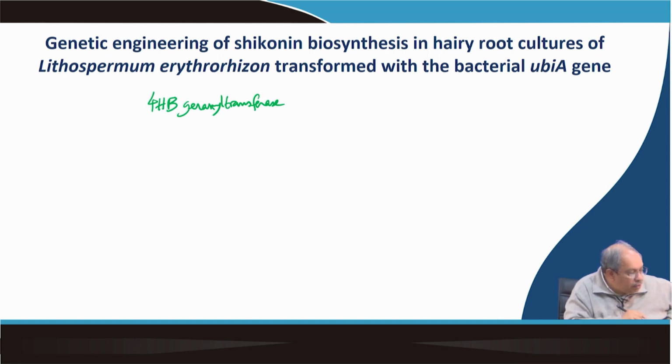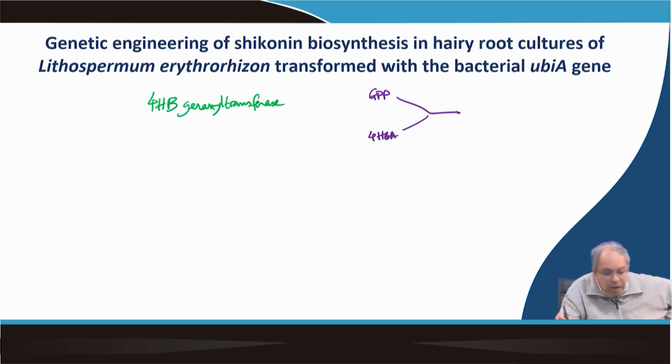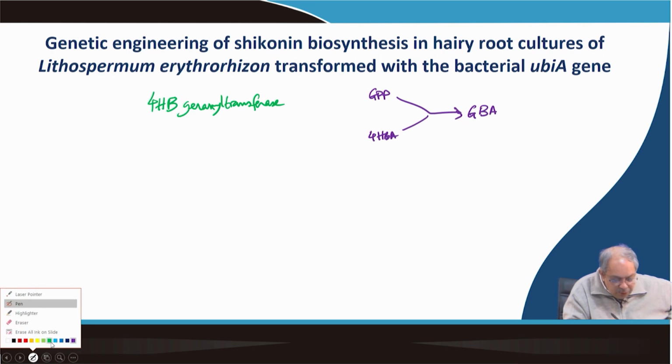It joins 4-HB and GPP. So, it joins GPP and 4-HBA and it produces geranyl benzoic acid. Okay. So, this gene is called 4-HB geranyl transferase.